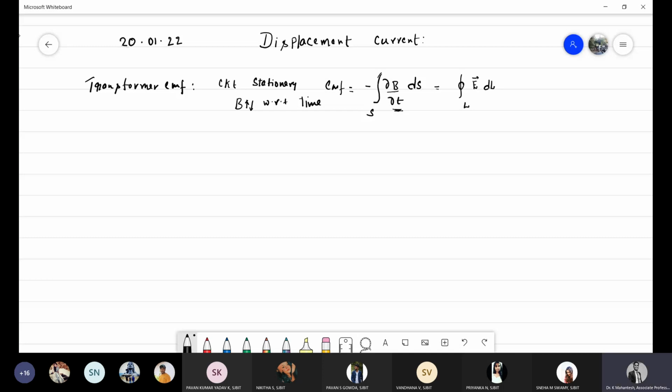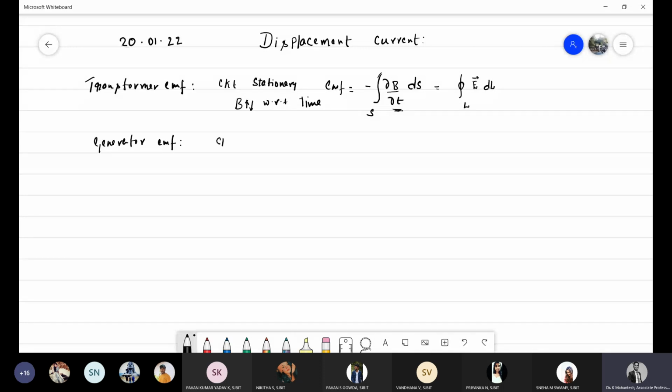And also we come across another type of EMF, that is generator EMF. So what is generator EMF, guys? Can anybody tell me what is the generator EMF? So it is opposite to this. It is defined as the EMF induced due to the motion of a conductor.